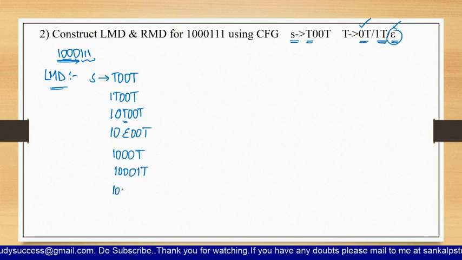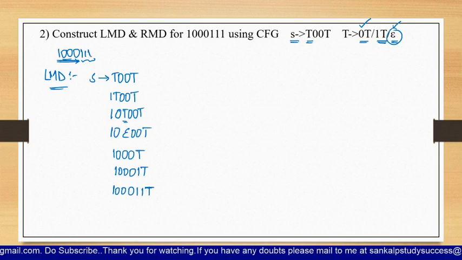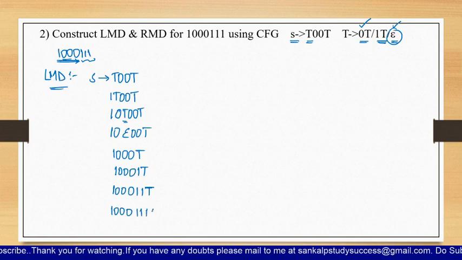And then again in the place of T we are having 1. So 1000 11T, and also here ending with 1. So in the place of T we are again going to substitute 1T, giving 1000 111T. If you carefully observe, we are done with our input string 1000111, but still we have one more non-terminal.